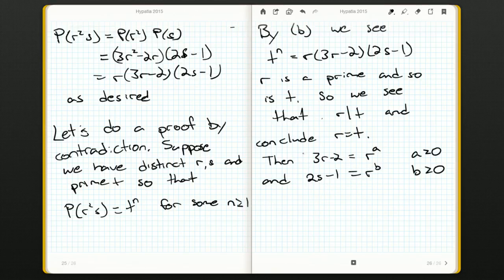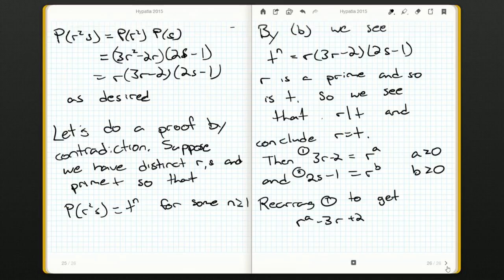So call this equation 1. And this equation 2. Let's rearrange 1, and we get r^a - 3r + 2. Now that looks very close to a quadratic, but I don't know what a could be. a might be 0, a might be 1, a might be 2.